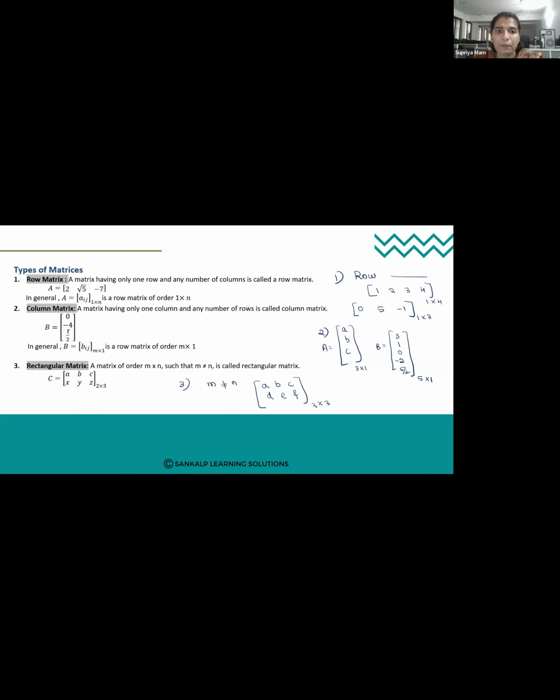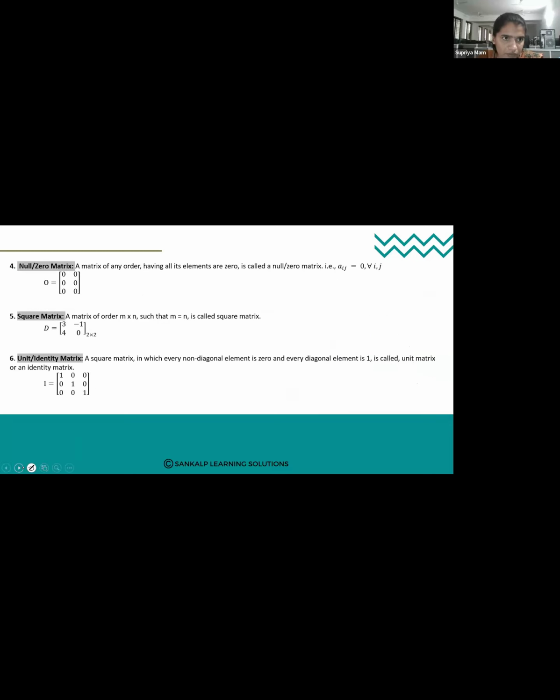Number of columns should be 1. In the case of rectangular matrix, number of rows not equal to number of columns. Say I can consider m by n. Did you understand the concept? Yes. Next we'll move to the next one.